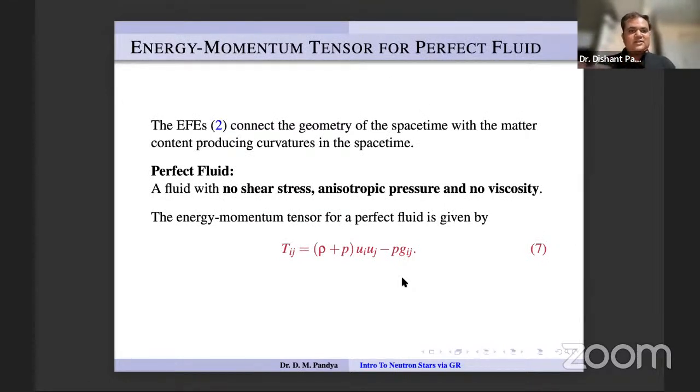Now coming to the third phase of our research direction. That phase is you need to have a proper knowledge of the energy momentum tensor. First we will see the energy momentum tensor for a perfect fluid. A perfect fluid means there is no shear stress, no anisotropy and no viscosity. In this case, the energy momentum tensor can be given by this expression number 7.